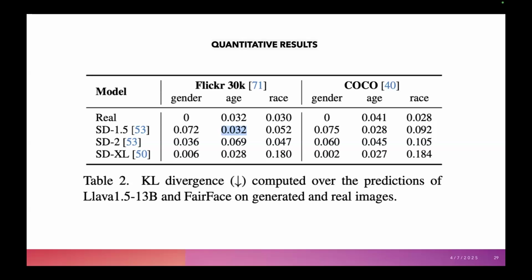KL divergence is used to measure how similar the predictions are to Fairface's predictions. A low KL divergence means that the models are similar in their predictions against Fairface. This is another indicator that the LLaVA 1.5 13B VQA model is robust and works well on both the generated and the real images.